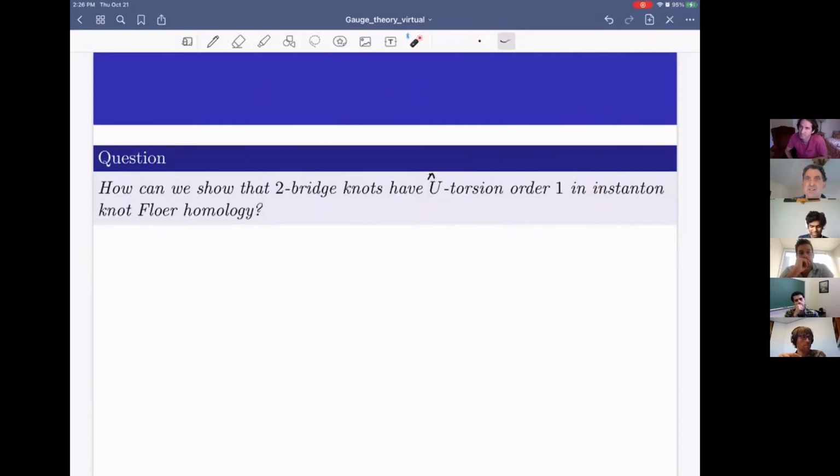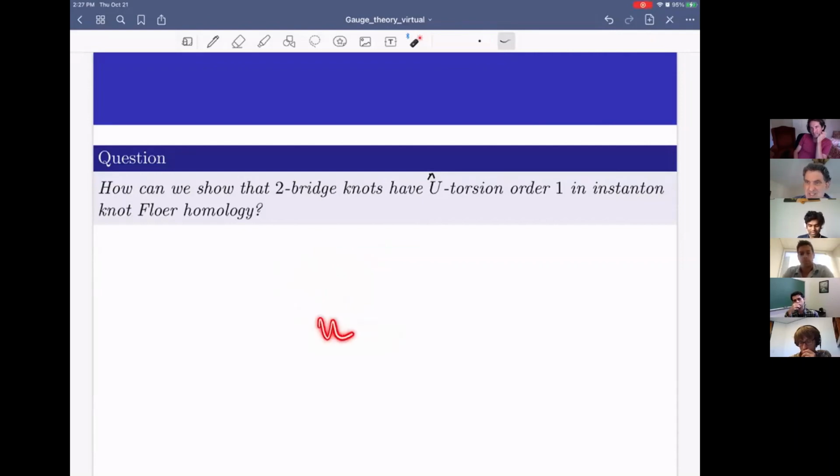I think the argument is that if you have K connected sum K bar for a two-bridge knot, then you have a cobordism between them that is just the identity cobordism, and then you attach a trivial tube to that. By the fact that this tube attachment has to be U multiplication, and the map factors through the unknot, and the unknot has no U torsion order, it has to kill the thing that is factoring through.